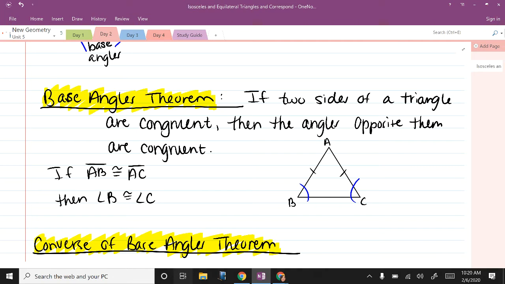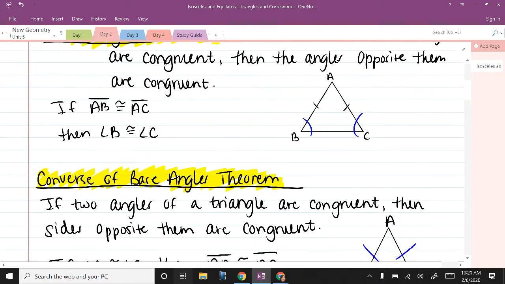So if 2 sides are congruent, then 2 angles are congruent. Basically, in an isosceles triangle, you have 2 sides congruent and 2 angles congruent.